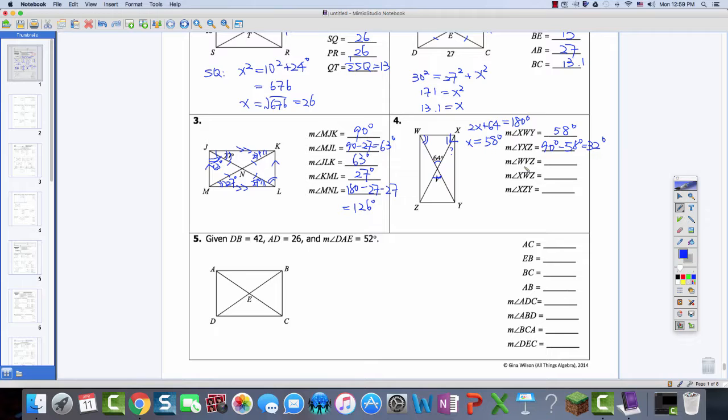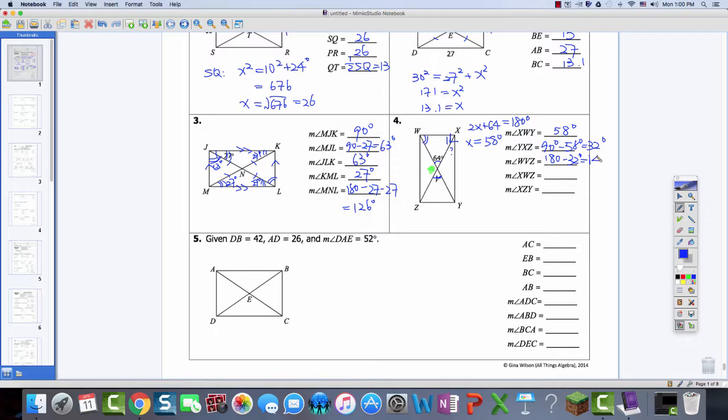And next one is WVZ. WVZ, which is, I'm going to use a green one, maybe more obvious. So it's right where this green dot is, right? Look at this angle where the green dot is, and this 64 degree angle forms a straight line. So that's 180 degrees. Therefore, it's 180 minus 32 degrees.